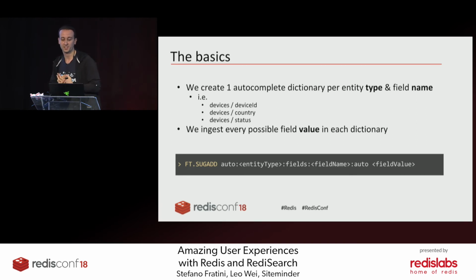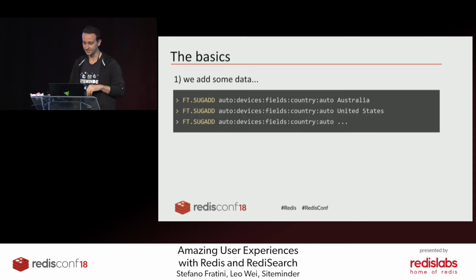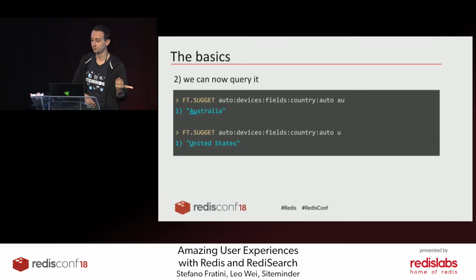We then create a dictionary for each entity and field name, and we ingest every possible value into each dictionary, like this. In this example, we're only ingesting Australia and United States. What we can do then is autocomplete queries. So we can say, please return anything that starts with AU or with U, and we get a response.